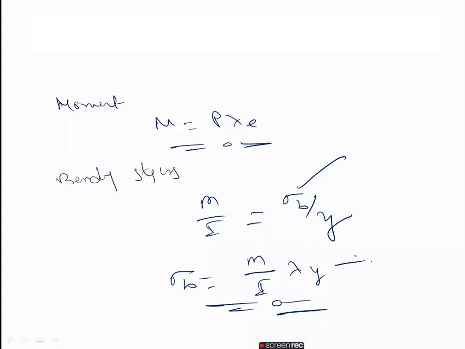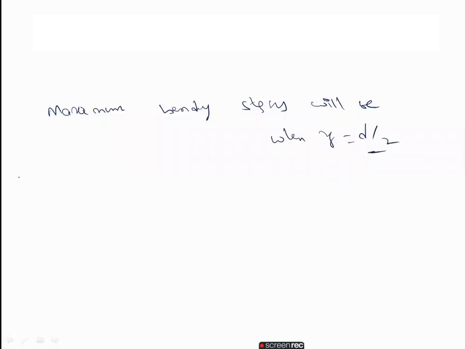When this Y value is D by 2, you will get the maximum bending stress. I will write that again. So the maximum bending stress will be when our Y value is D by 2.